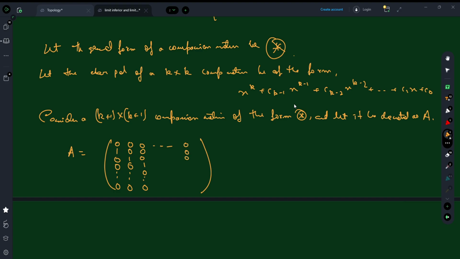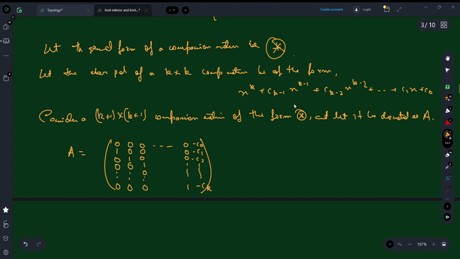You'll have 0, 0, 0, 1, and here you have minus c0, minus c1, minus c2, and so forth till minus ck. The last element in the last column here will be minus ck because we are considering a k plus 1 cross k plus 1 companion matrix. You can obviously compare this with this form star. You'll get your answer why we have used minus ck.